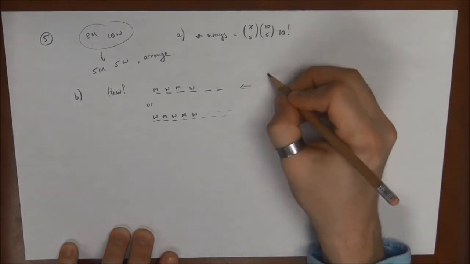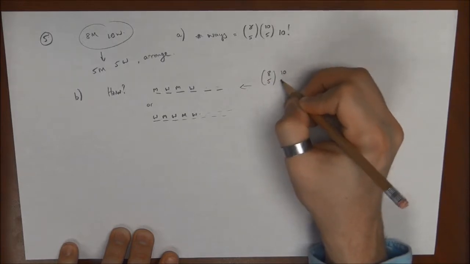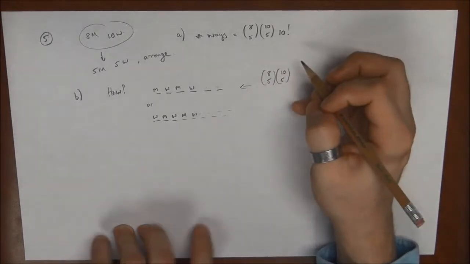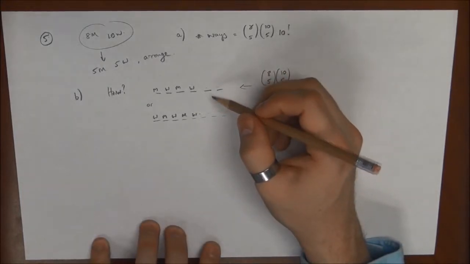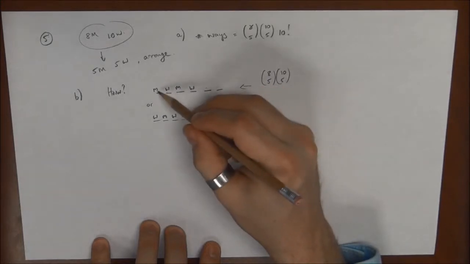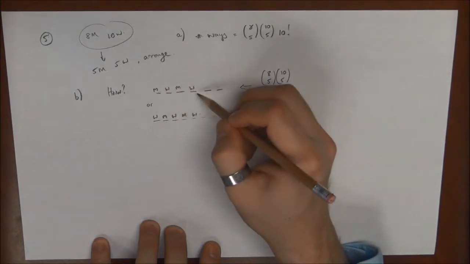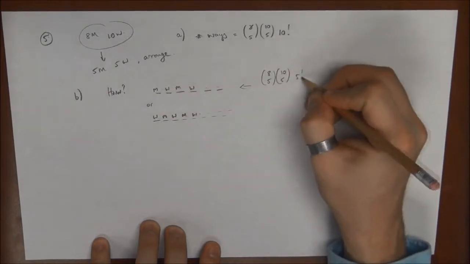Well, I still need to select out of the 8 men 5, out of the 10 women 5, but now I have a restriction on how I can arrange them. It has to be man, woman, man, woman. So the men are fixed in their positions, but I can shuffle them among themselves, 5 factorial.